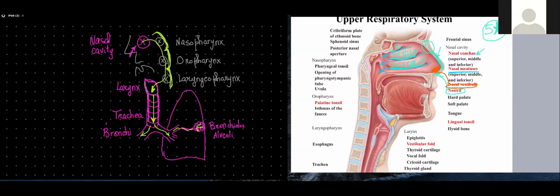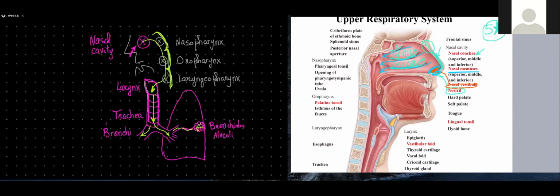So again, we started first by the nasal nostril, which is the opening here. At the entrance, we've got this depression in the mucosa. This is my nasal vestibule.